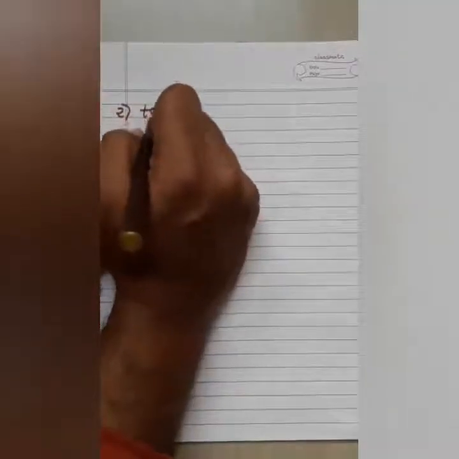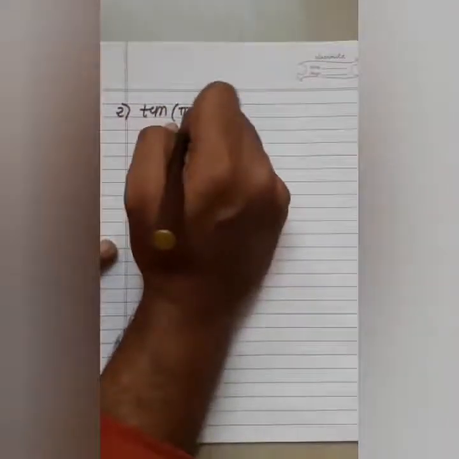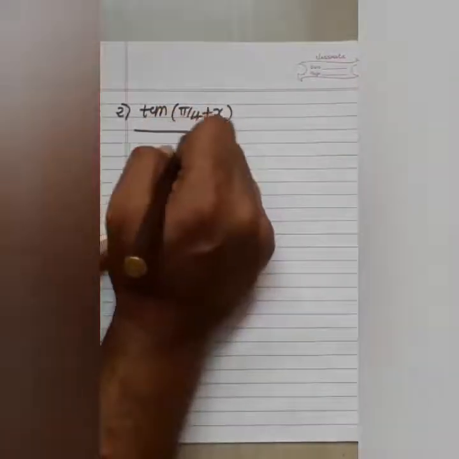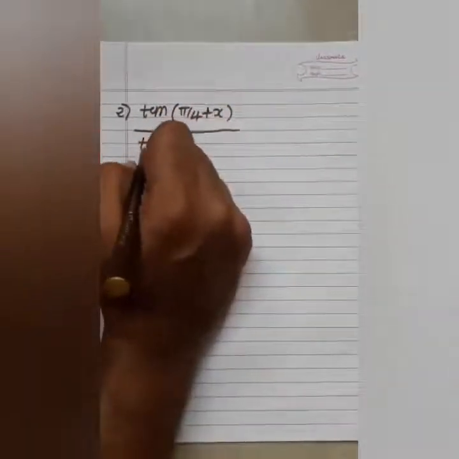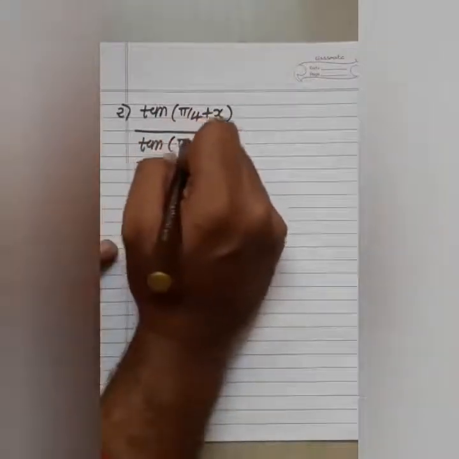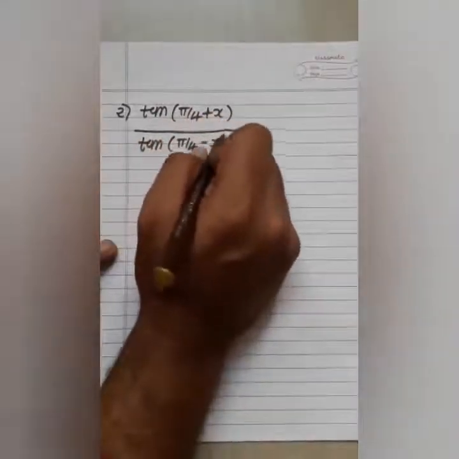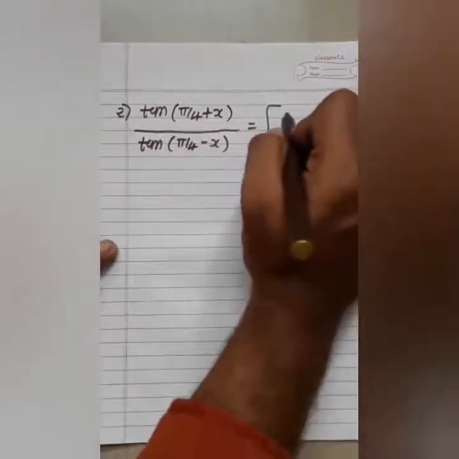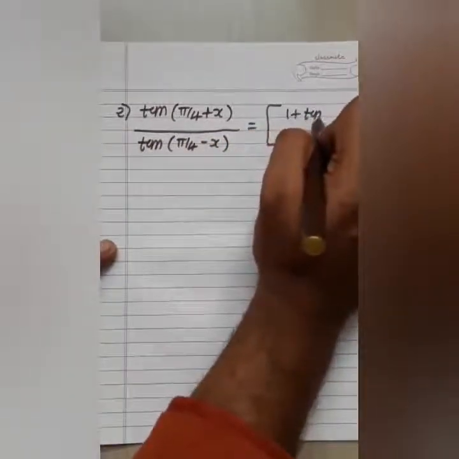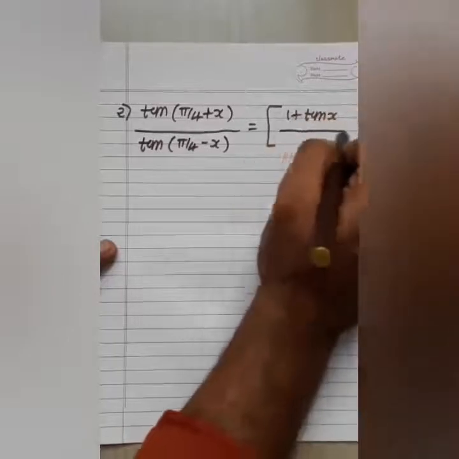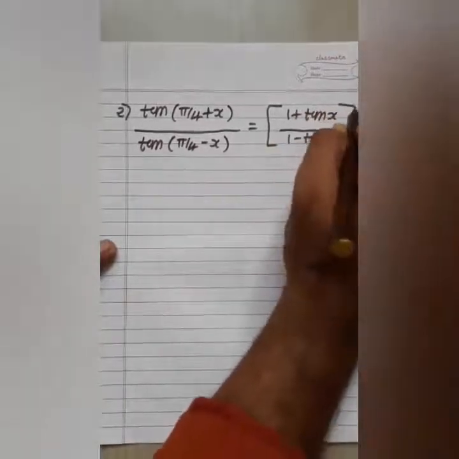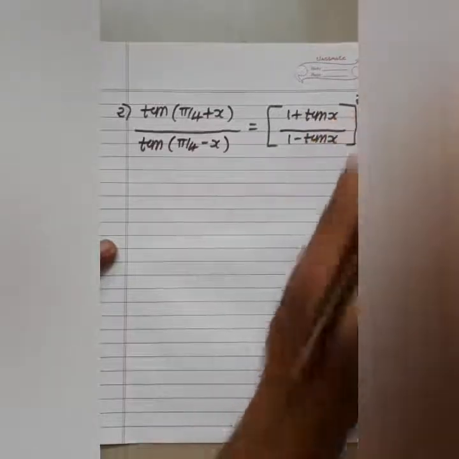Prove that tan(pi by 4 plus x) upon tan(pi by 4 minus x) is equal to (1 plus tan x upon 1 minus tan x) whole square.